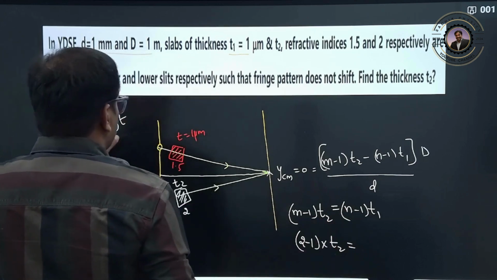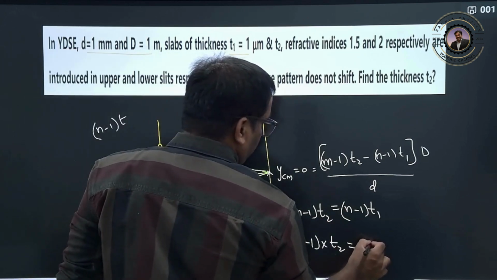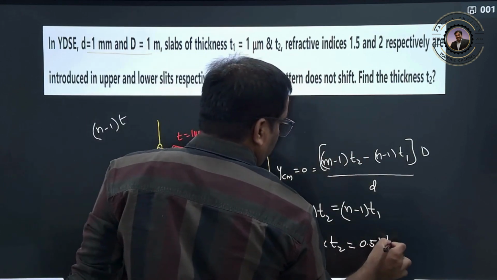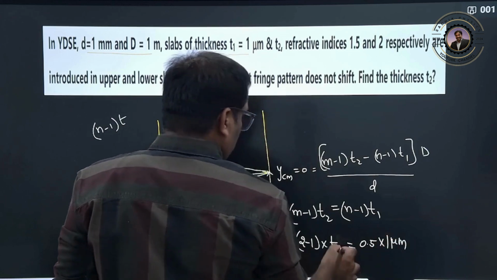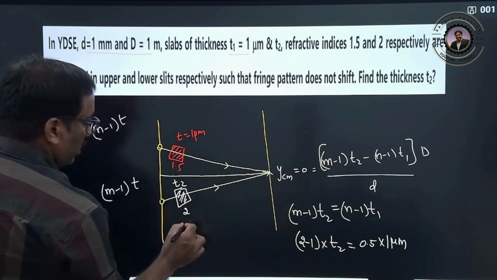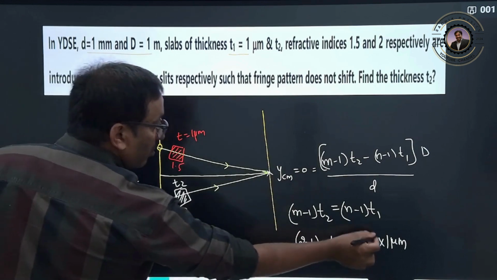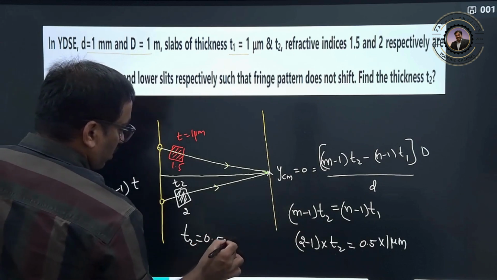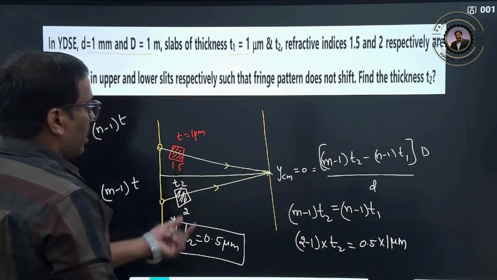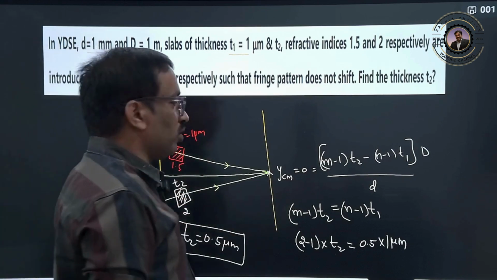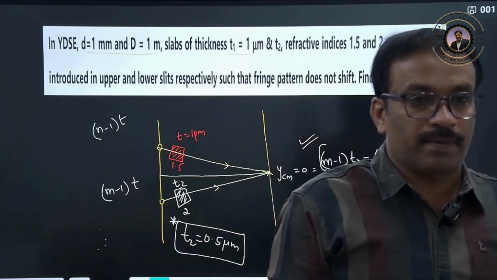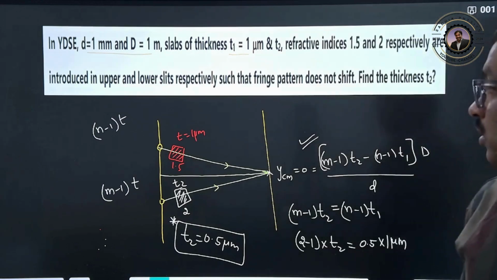And n is 1.5, so 0.5 into t1, which is 1 micrometer. So t2 should be equal to 0.5 micrometer. Clear? Whichever is dominating, in that way the fringes will get shifted. This is slightly important, clear, right?